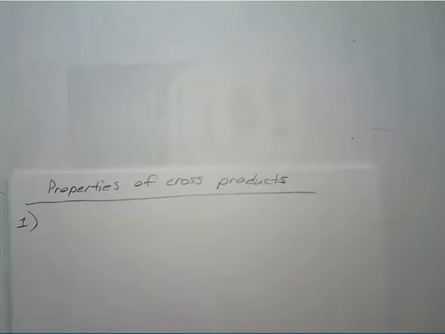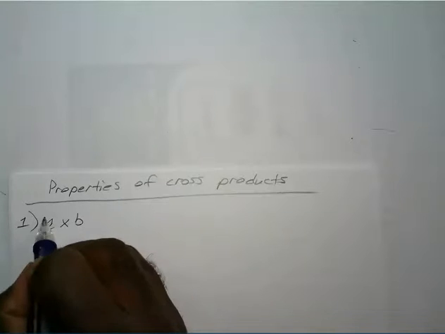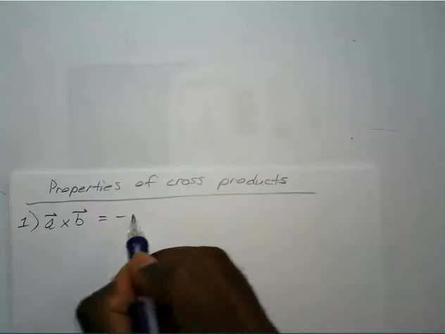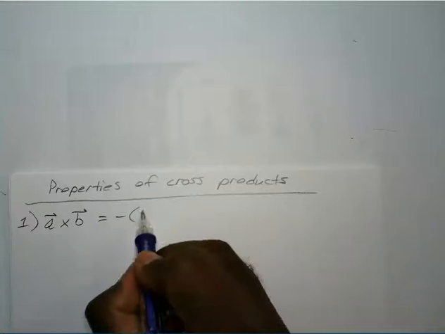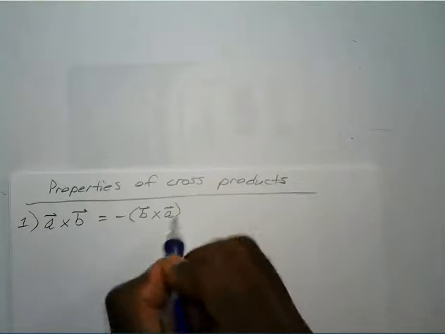For our first property, the cross product of vector A and B will equal the negative if you switch them around. So the negative of the cross product of B and A.